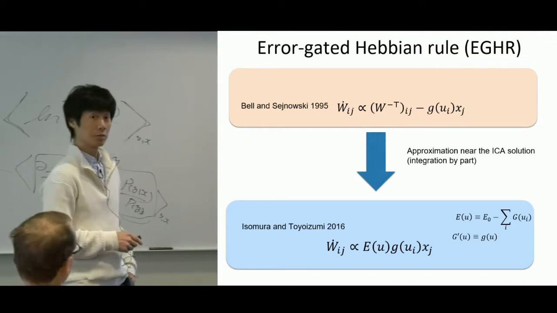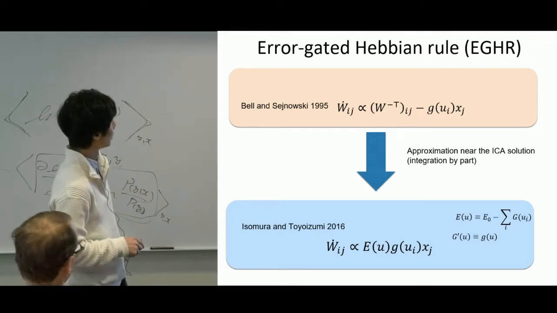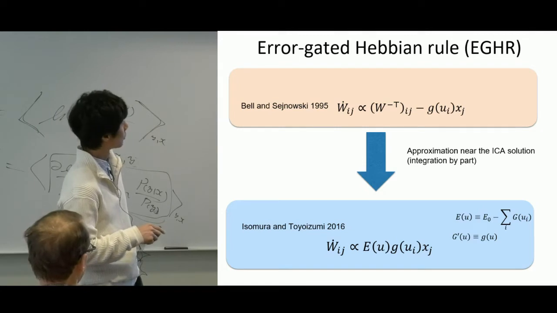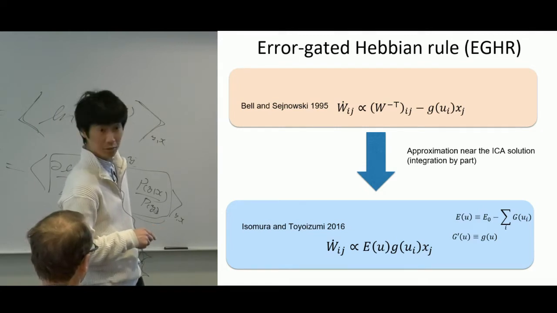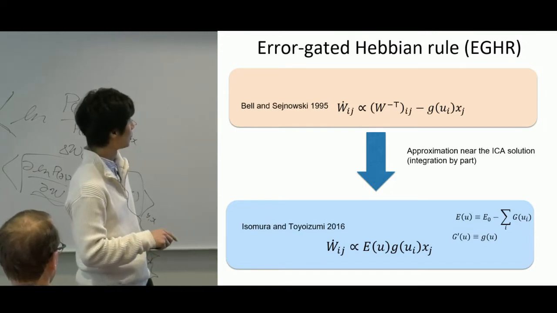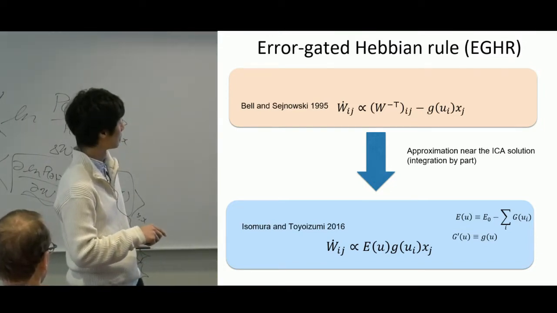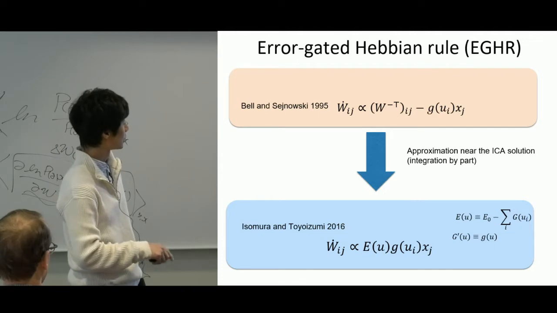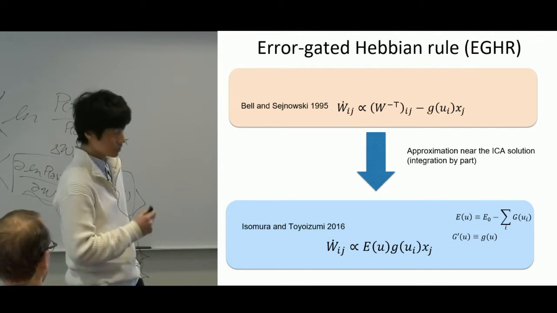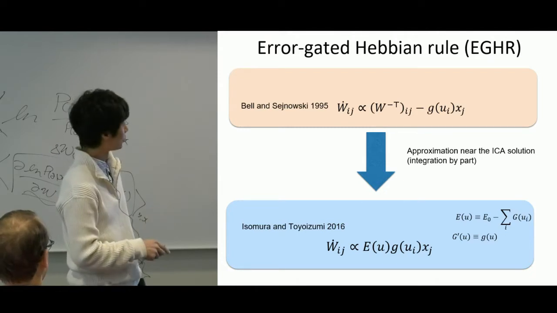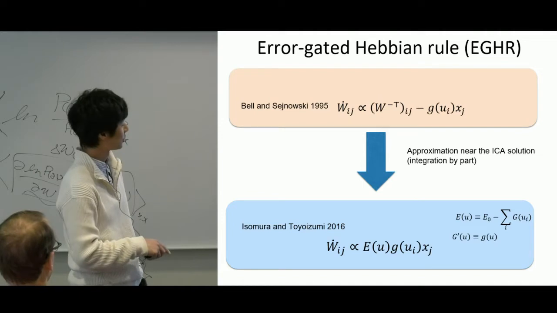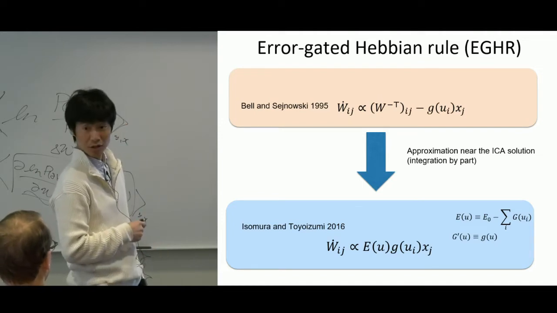We've recently come up with an approximation of Bell and Sejnowski's learning rule. We named it the error-gated Hebbian rule. It's basically an approximation of this learning rule, and we get this simpler expression. Right at the independent solution, we can formally derive from here to here by integration by parts.